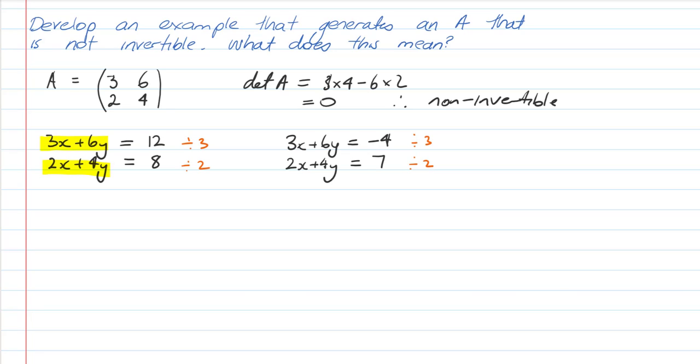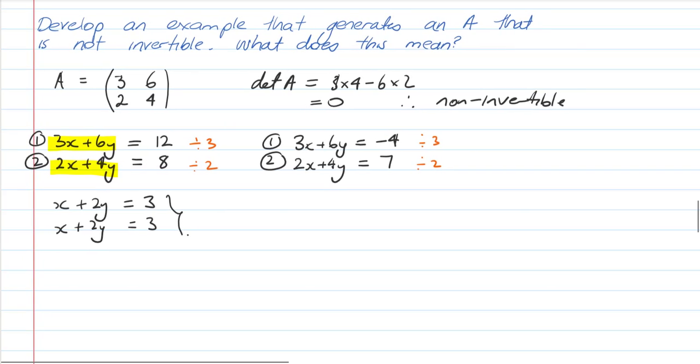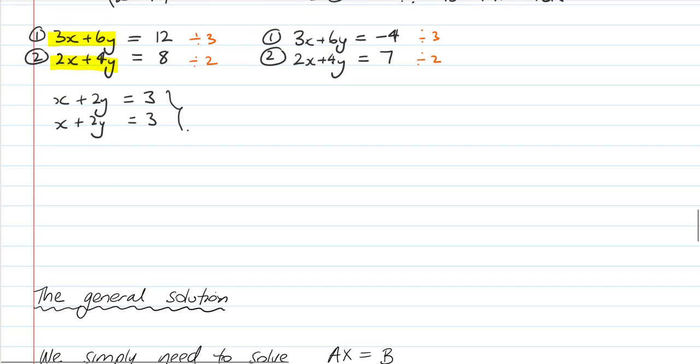So divide by 3, divide by 2. And over here I get, we'll call this 1 and 2, x plus 2y is equal to 3. And then I get x plus 2y is equal to 3. So we actually have the same equation. And then that looks like this. If I sketch it, I get x plus 2y.